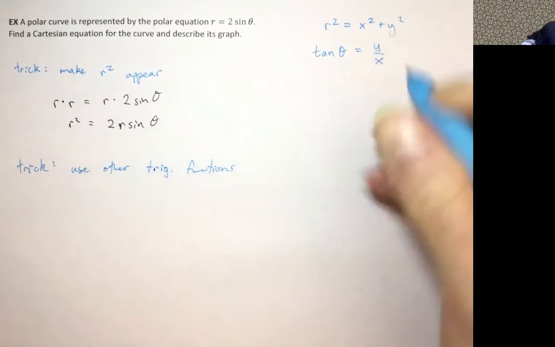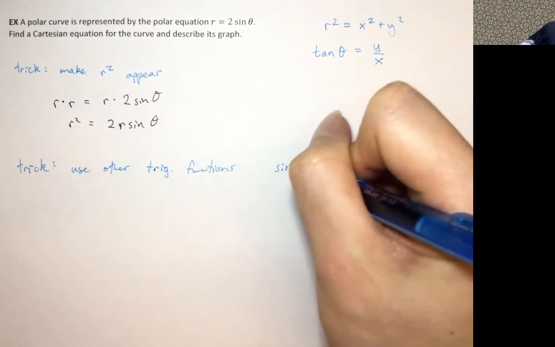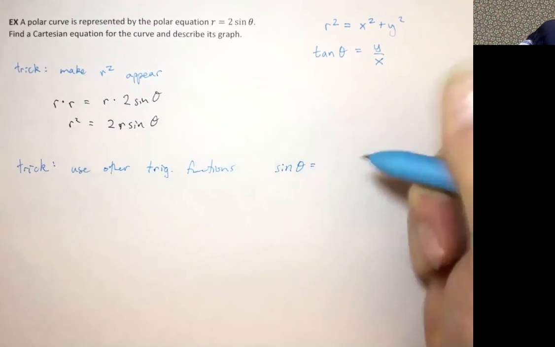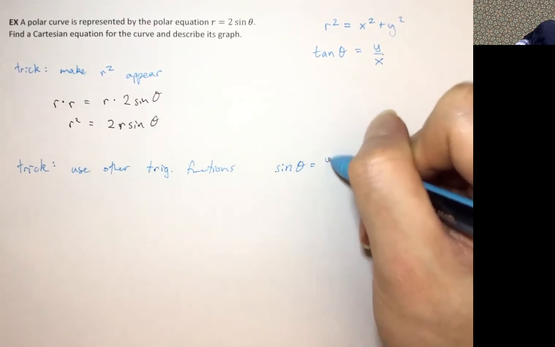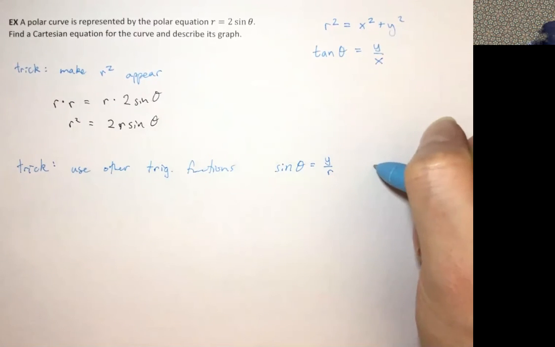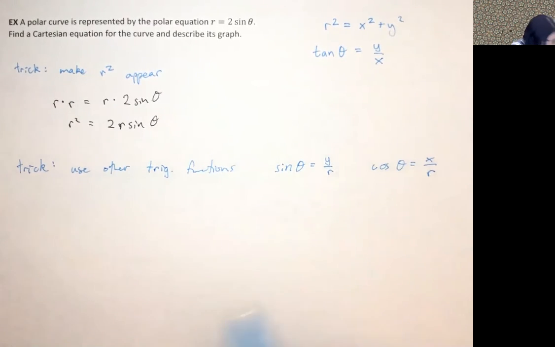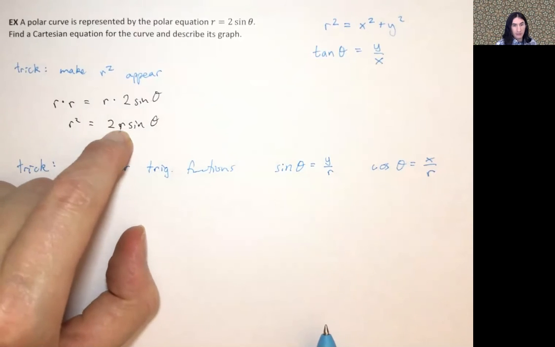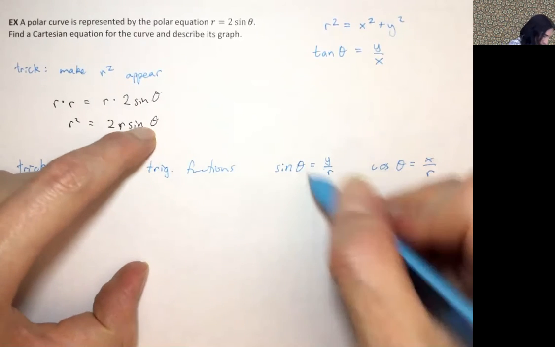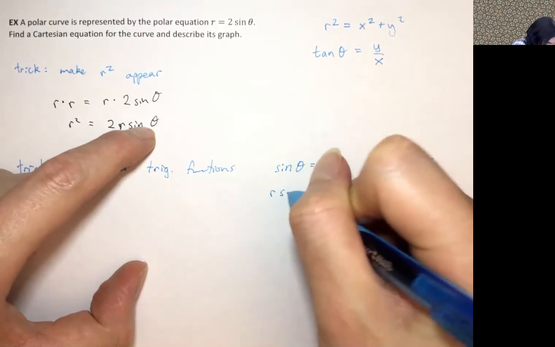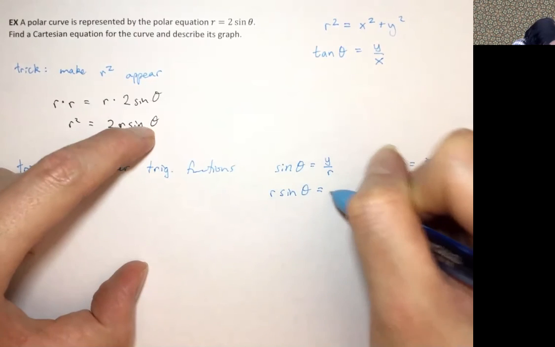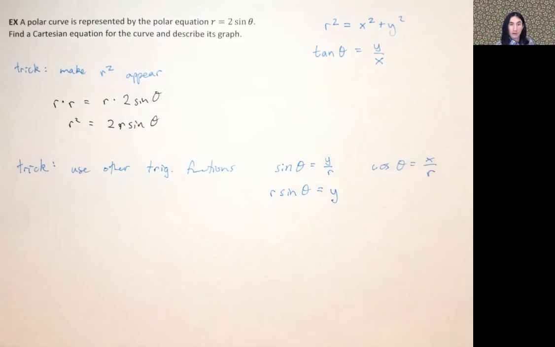For instance, sine of theta is equal to y over r, and cosine of theta is equal to x over r. And you notice right here, we have an r times sine theta. That's actually exactly what we get right here from our sine equation. So think about your other trig functions that you have available and make those substitutions.